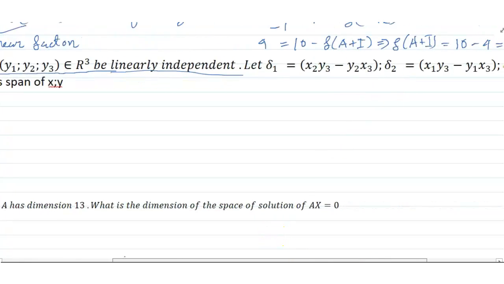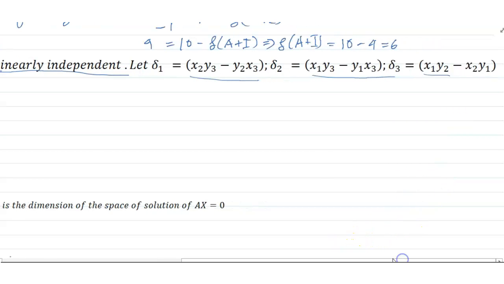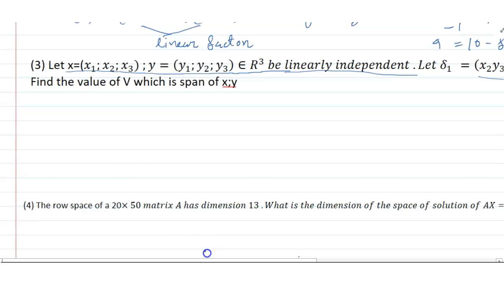The cross product equals (x2y3 - x3y2, ...), and Δ1, Δ2, Δ3, and V is the span of x comma y. Find the value of V.